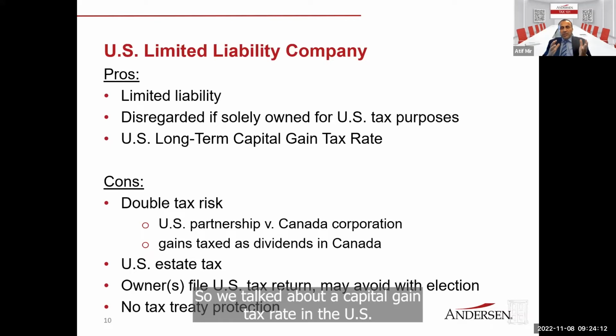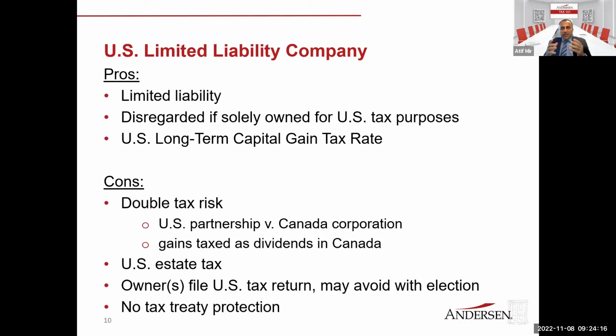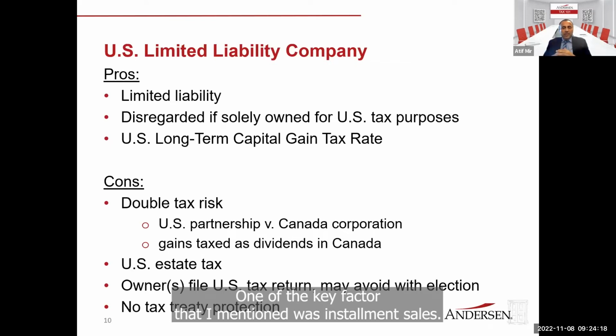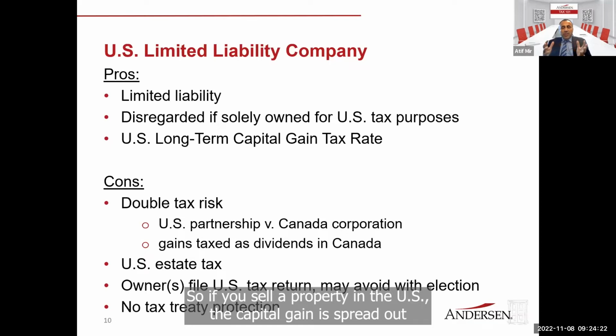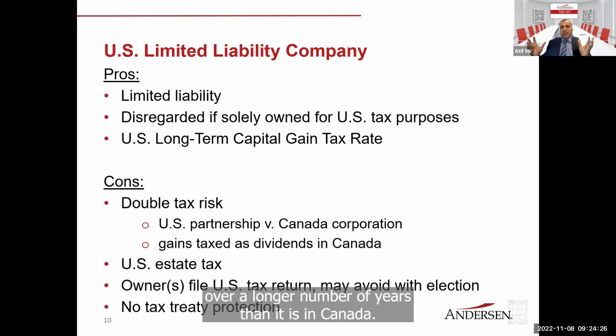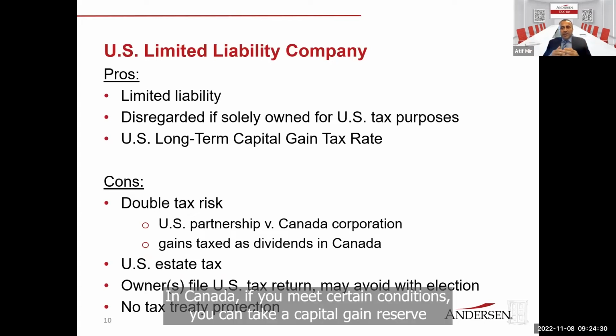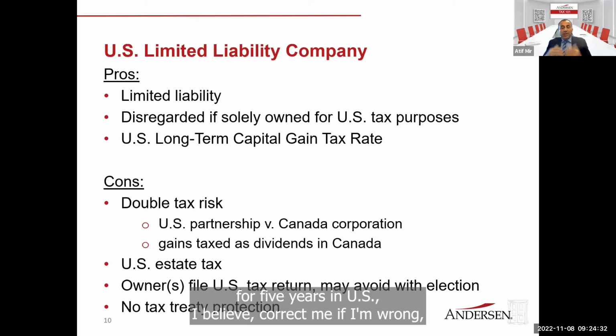So we talked about the capital gain tax rate. In the US, one of the key factors that Philip mentioned was installment sales. If you sell a property in the US, the capital gain is spread out over a longer number of years than it is in Canada. In Canada, if you meet certain conditions, you take a capital gain reserve for 5 years.